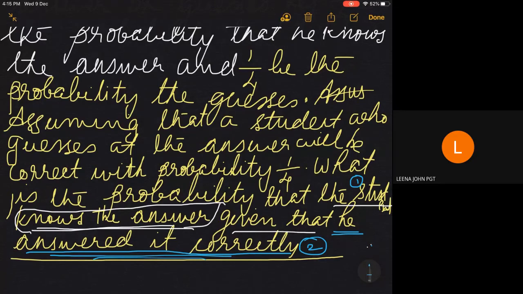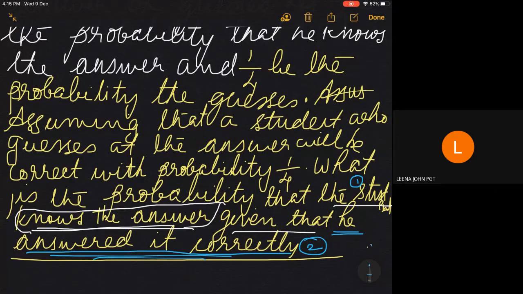If you think, you can just see that knowing the answer comes first, and in the second action he answered it correctly. So the first level of action is that he knows the answer. The second level of action is that he answered it correctly.